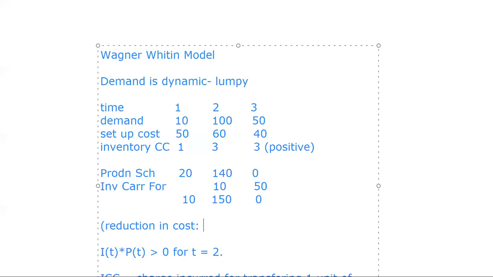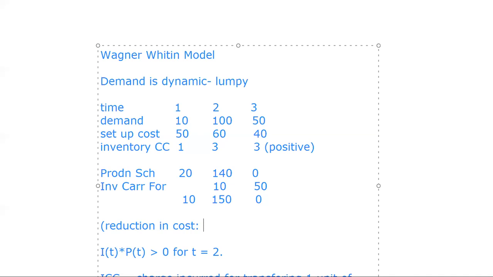You see, what I have done is I have transferred these 10 units to be produced in period number 2 itself. So the total quantity produced is 150, and I have reduced the production in the previous period. And I have saved 10 units of inventory carriage.